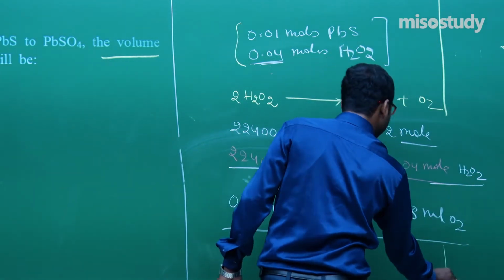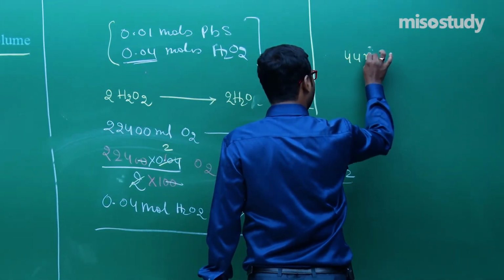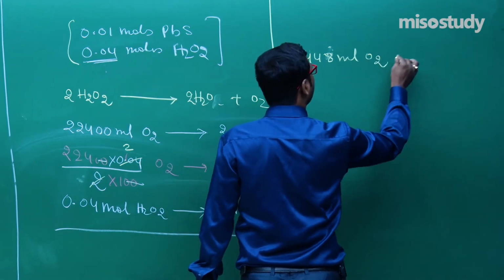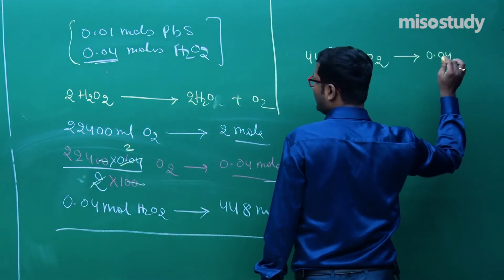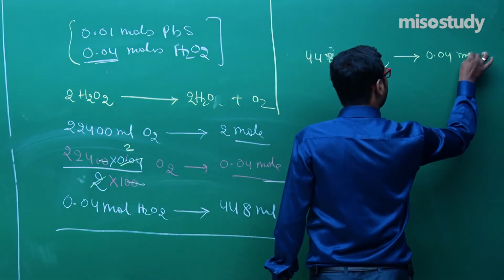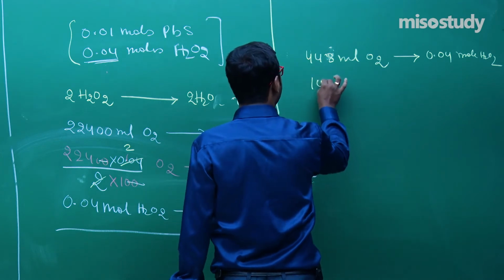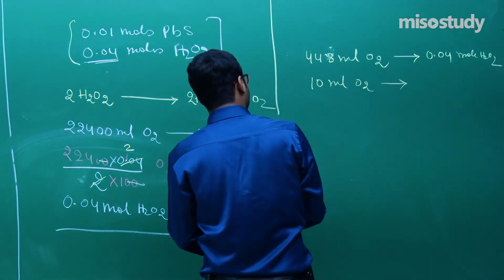Now we know that 448 ml O2 we get from 0.04 mole of H2O2. Then here 10 ml we get from O2. It's very simple.